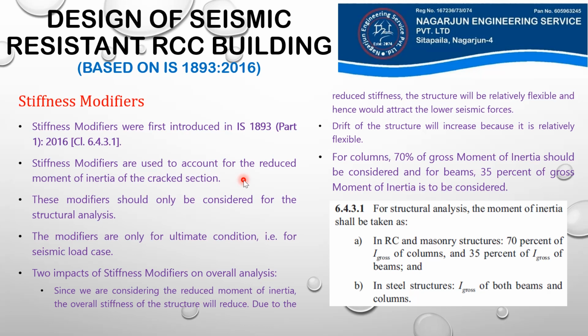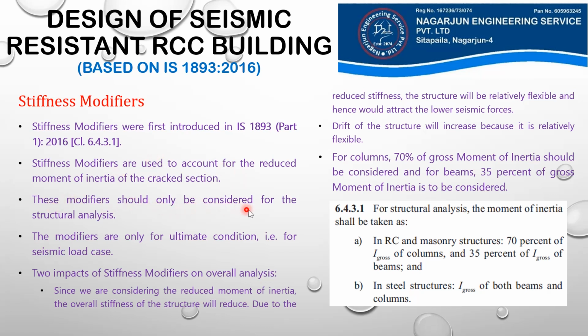As the concrete elements crack, the gross moment of inertia of those sections is reduced, and this causes a reduction in the moment carrying capacity of those cross sections. So to account for this reduced moment carrying capacity, the reduced cross-sectional stiffness of those members, the concept of stiffness modifiers was introduced.